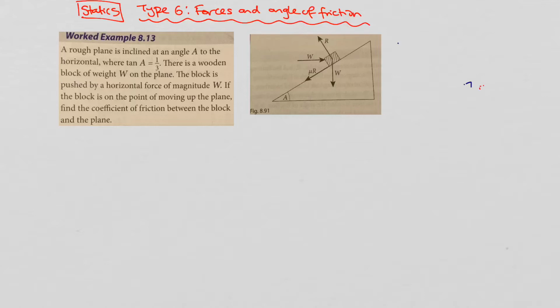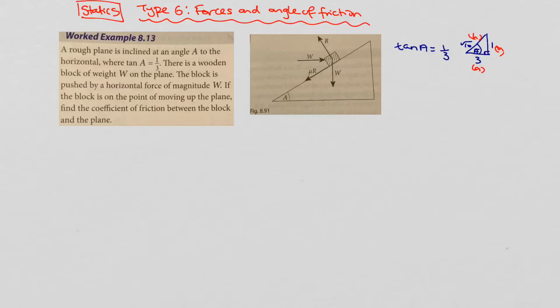So we're going to start by working out our three ratios. If tan A is equal to a third, and I draw my right angle triangle, I have opposite and adjacent. Then by Pythagoras, I'll get the square root of 10 for my hypotenuse.